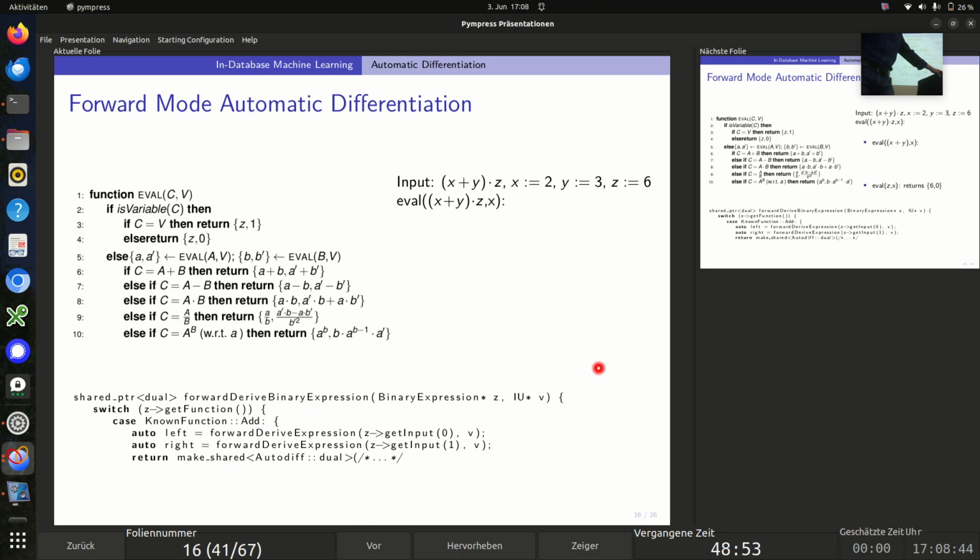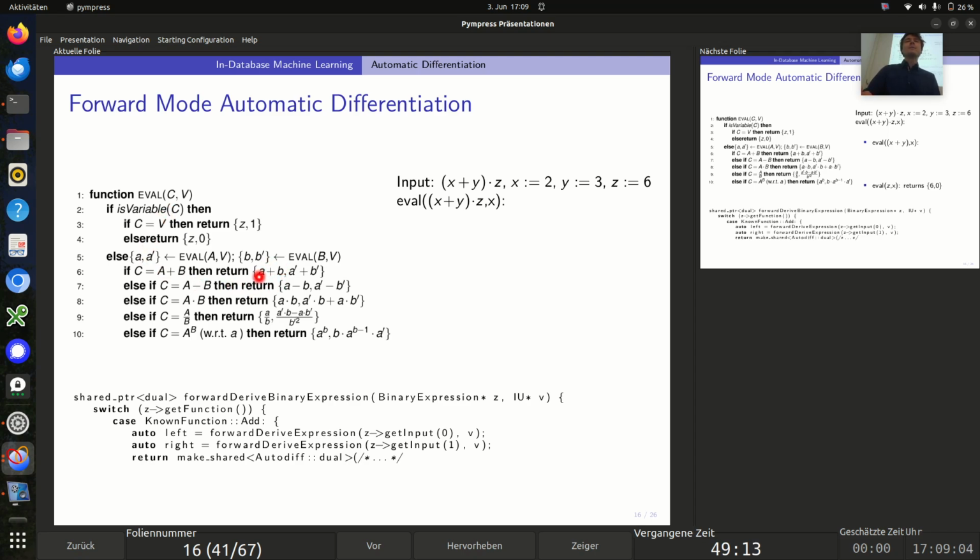And I can also show you the pseudocode. Like here you can see for the variable, the one which is currently the one we want to derive for, we return 1, and for all the other ones we return 0. And then, if it's not a variable, we have to evaluate.